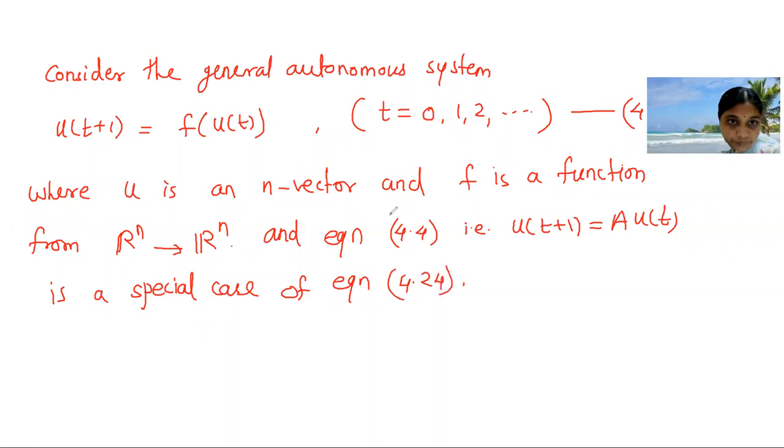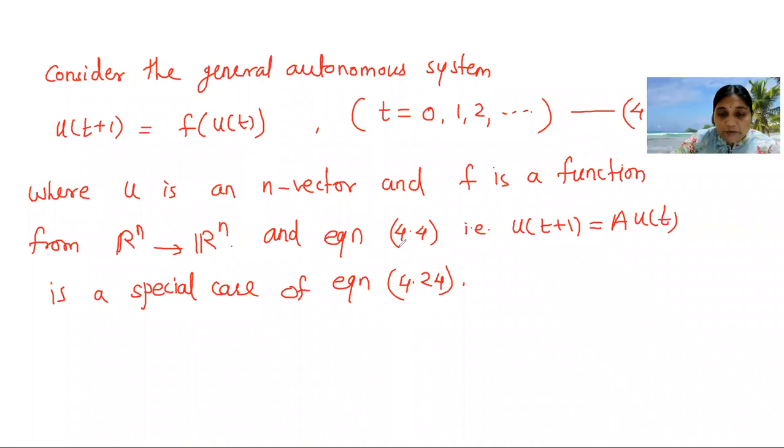I am considering a general autonomous system given by u at t plus 1 is equal to a function of u t. In 4.4 we have studied equations of the form u at t plus 1 is equal to A times u t, right? Here f is a function from Rn to Rn.